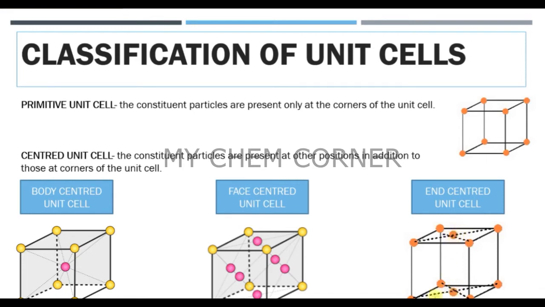At the bottom, right in the center of that face, there is a sphere. This is called end-centered, which means at 2 ends of a cube, the center of the face has a sphere. So this way we have 1 primitive unit cell and 3 centered unit cells: body-centered or BCC, face-centered or FCC, and end-centered unit cell.